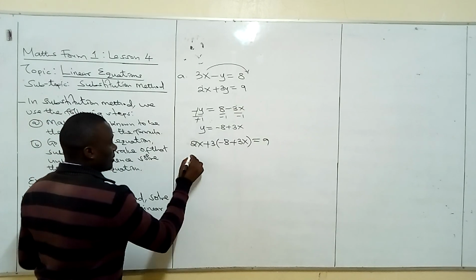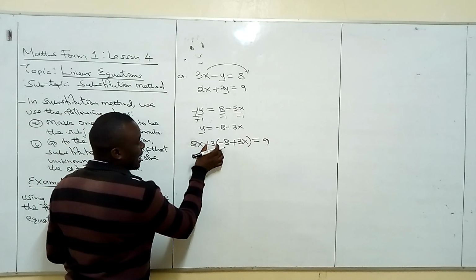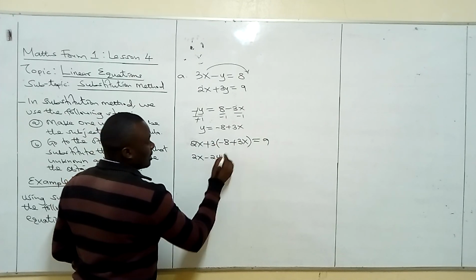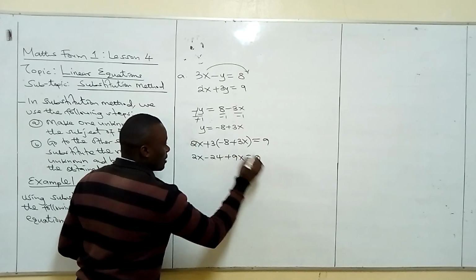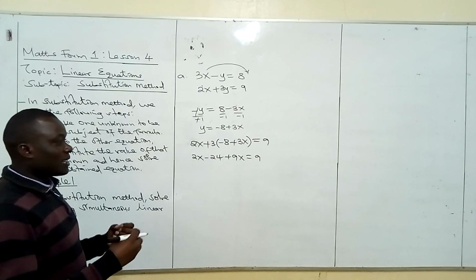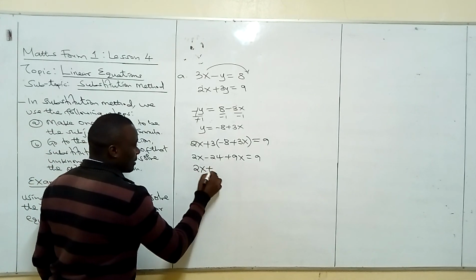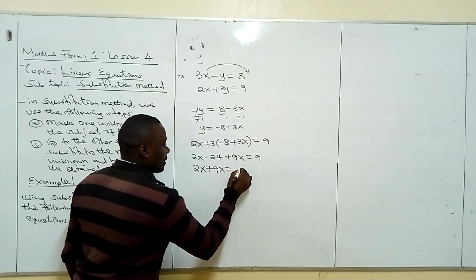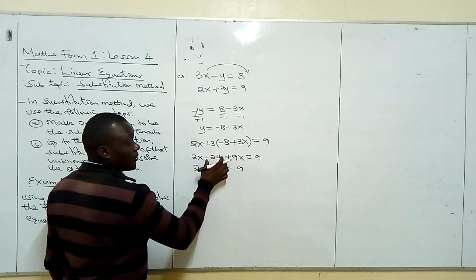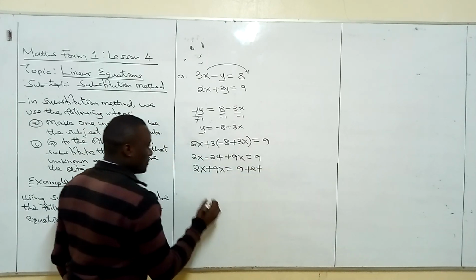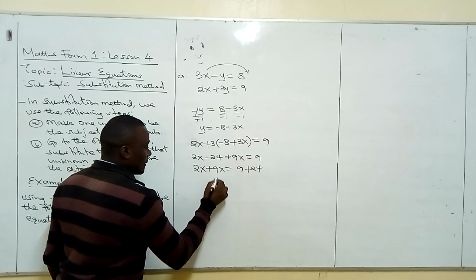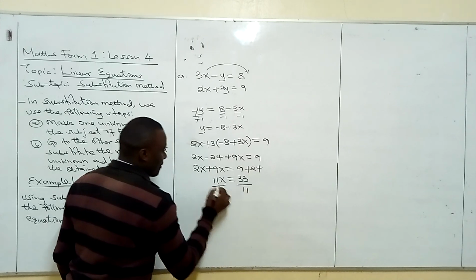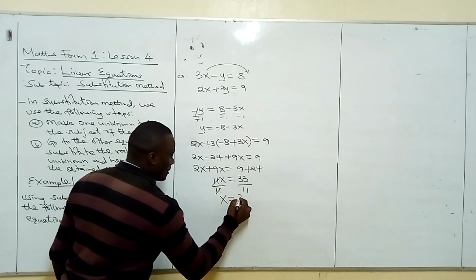Open the brackets. 2x plus 3 times minus 8 is minus 24. 3 times 3 is 9x is equal to 9. Let us put like terms together. 2x plus 9x will be equal to 9. Take minus 24 to the other side, it becomes positive. So this will be 11x is equal to 33. We divide by 11, we divide by 11. Therefore, our x becomes 3.